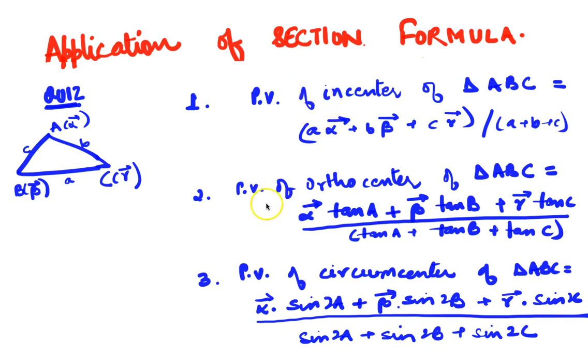The orthocenter of a triangle is where the perpendiculars drawn from a vertex to the opposite side meet: from A to line BC, B to line AC, and C to line AB. And the circumcenter is where the perpendicular bisector of line BC, the perpendicular bisector of line AC, and the perpendicular bisector of AB meet. That point is called the circumcenter of triangle ABC.